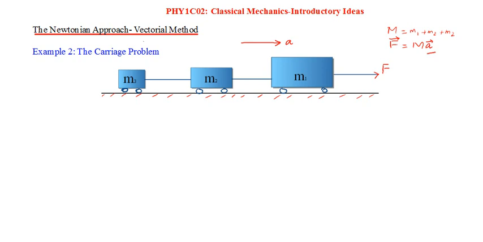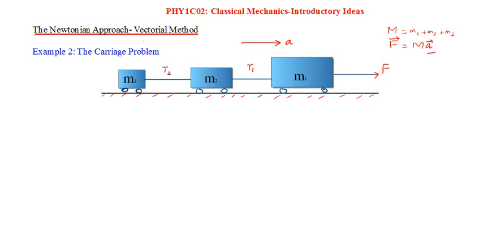So of course the tension between m2 and m1 will be greater than the tension on the string between m3 and m2. The reason you can also understand, okay? We will numerically calculate that. So for the time being, let me name the tension between m1 and m2 as T1, and the tension between m2 and m3 as T2.